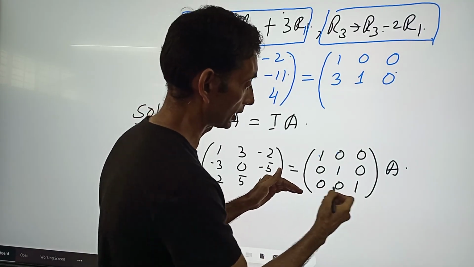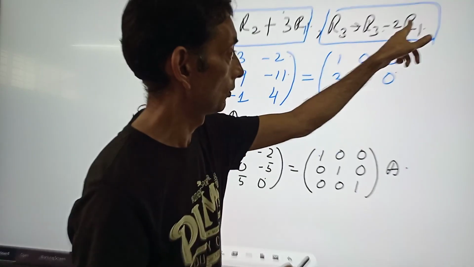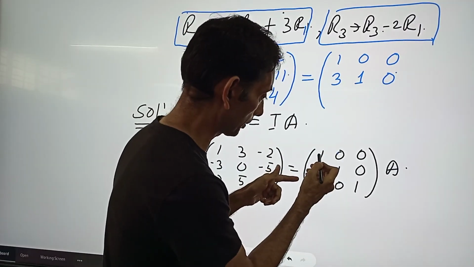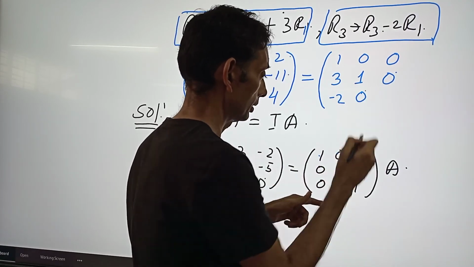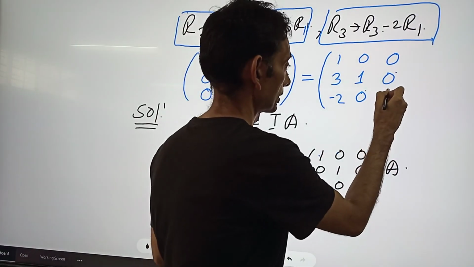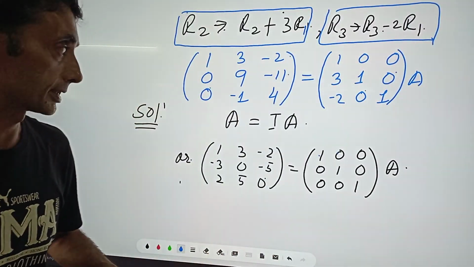Similarly for the third row, since we are multiplying the first row by minus 2 and adding, it has to be minus 2. There is no change in the other numbers, and leave A as it is. Okay, next.